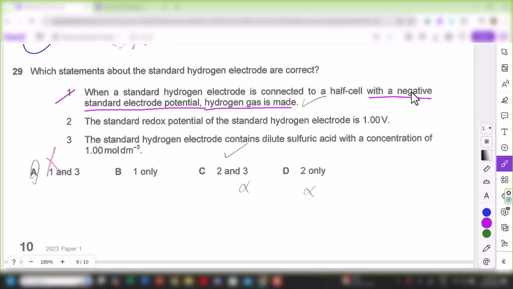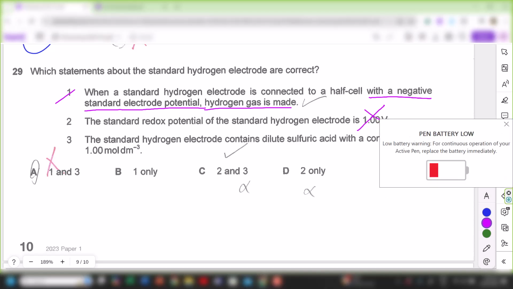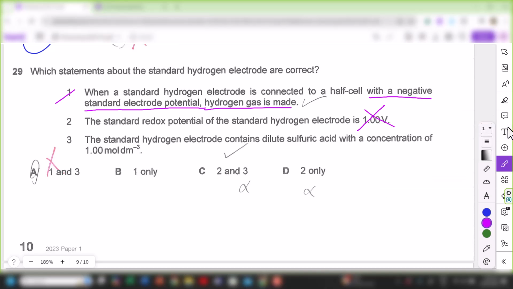Okay, the standard redox potential of SHE is 1 volt. This is nonsense, because if you measure SHE against SHE, obviously it's going to be 0. SHE is the standard, so this is nonsense. Okay, the SHE contains dilute sulfuric acid with a concentration of 1 mole per dm cube.